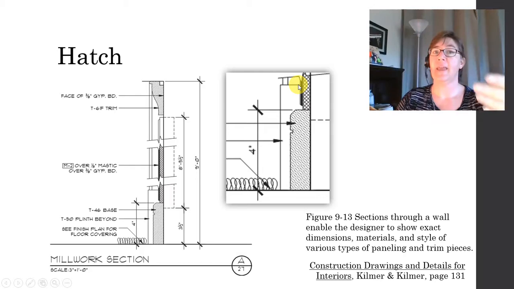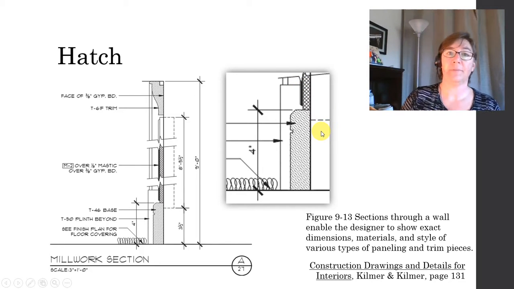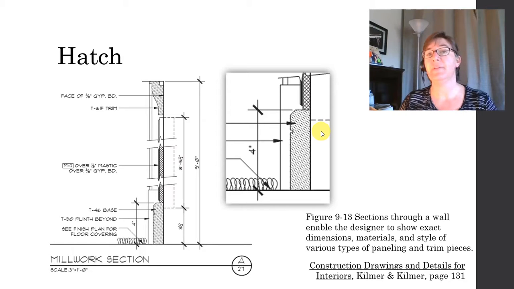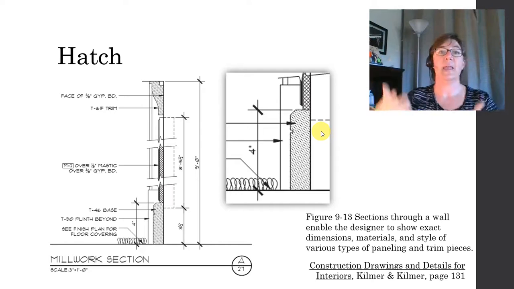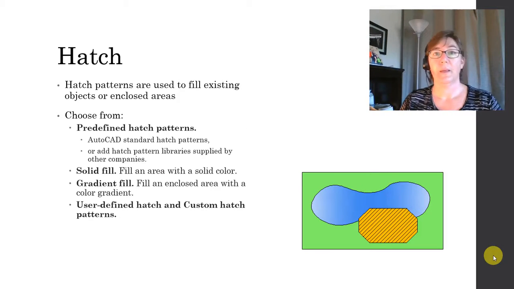That is the edge of a panel beyond. So by the addition of these hatch patterns, it's very, very easy to graphically tell that there are two separate materials and we are cutting through them. So that's how hatch patterns are used in architectural drawings or technical drawings.